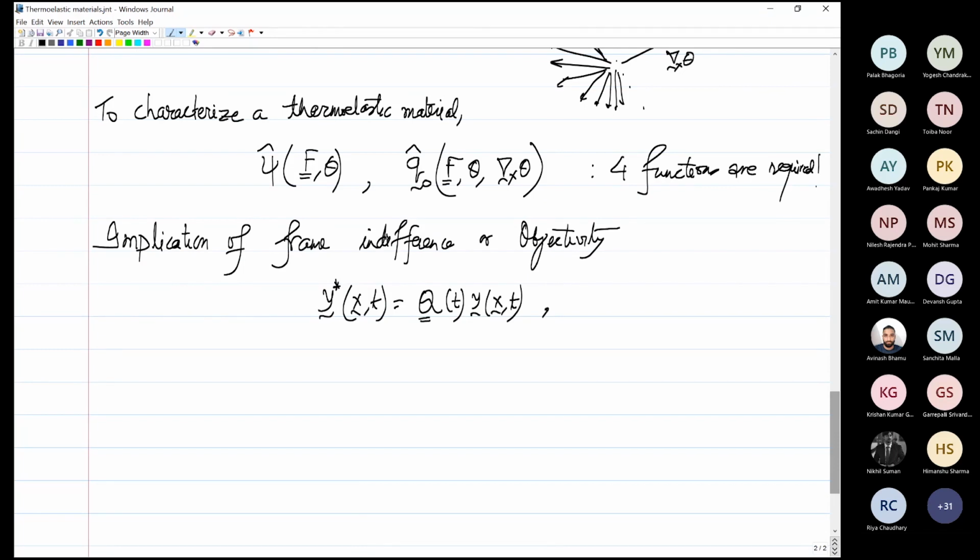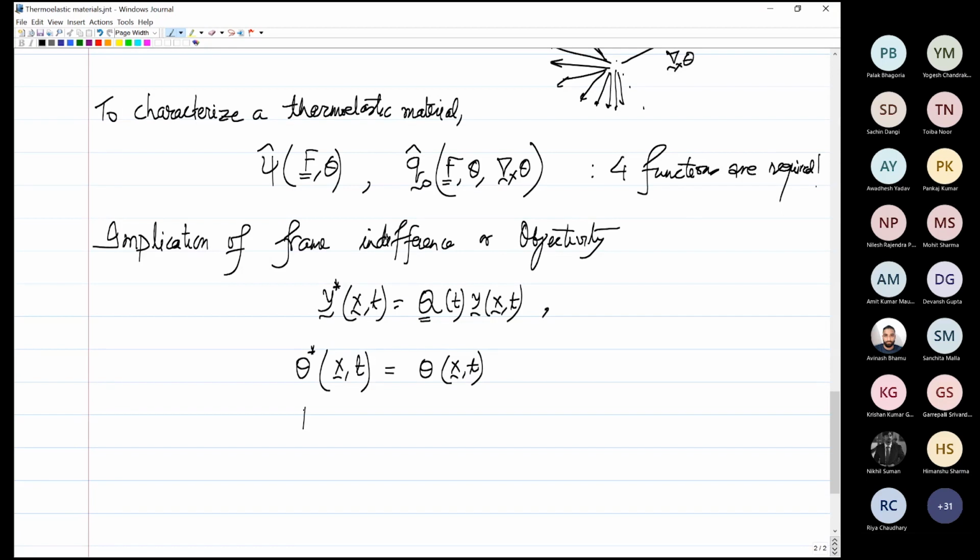The first thing, of course, is the temperature. So theta star for the new motion, theta being a scalar quantity, and from physics we know that it should be objective. So that means theta star of x comma t would be the same as theta of x comma t, isn't it? So in both motions, the temperature theta should be the same.